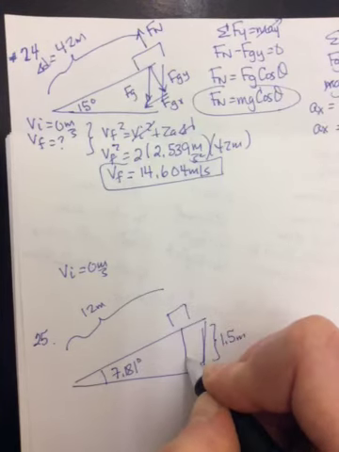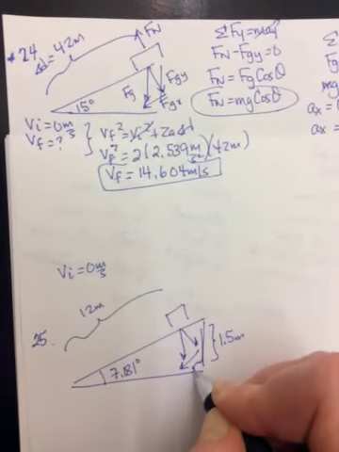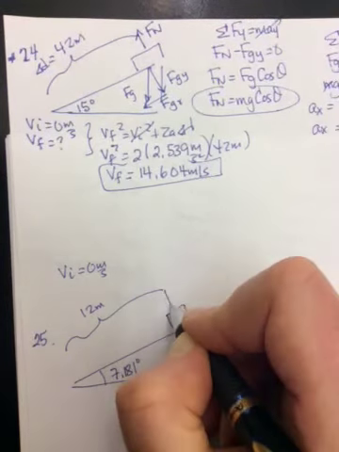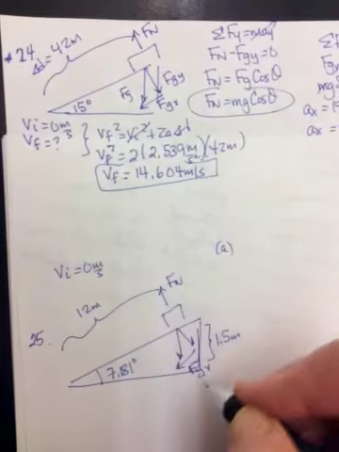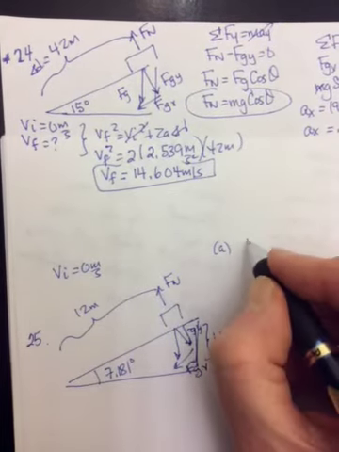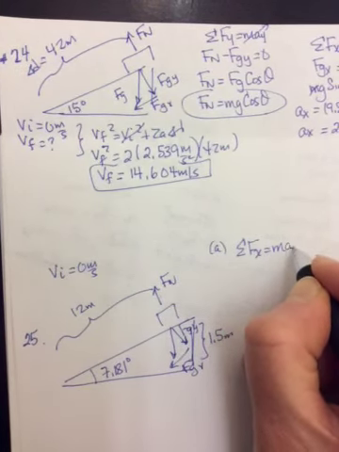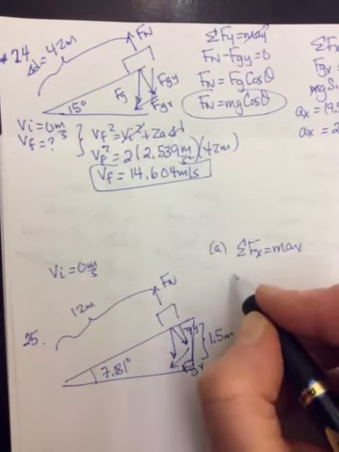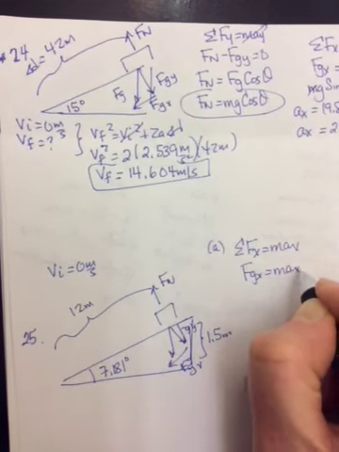So here's the cyclist. Here's their FG, their FGY, their FGX, their FN. So in part A, we don't have to do sum of the forces in the Y direction because there's no friction. So we can go right to sum of the forces in the X direction equals max. And there's only one. It's just the FGX. So FGX equals max.